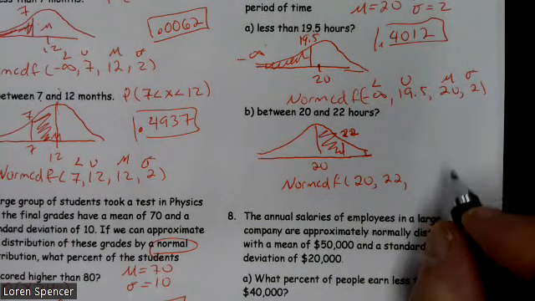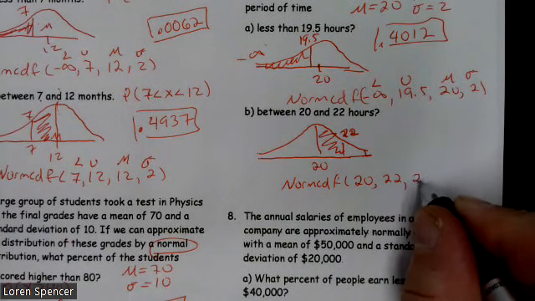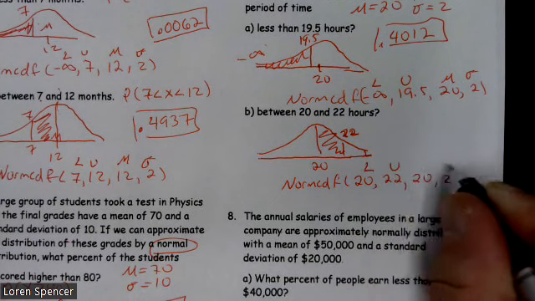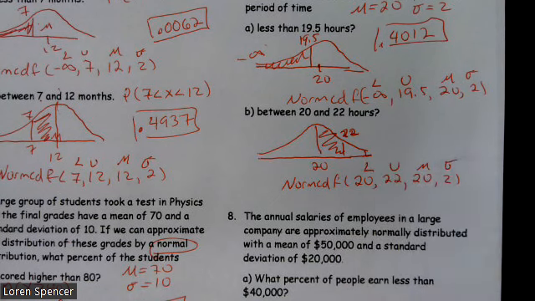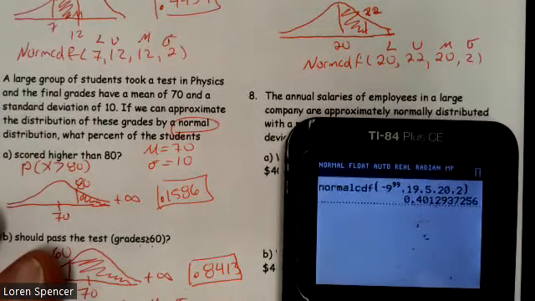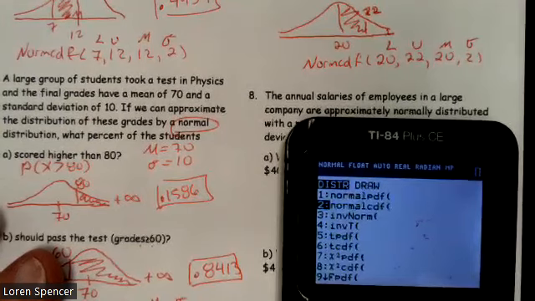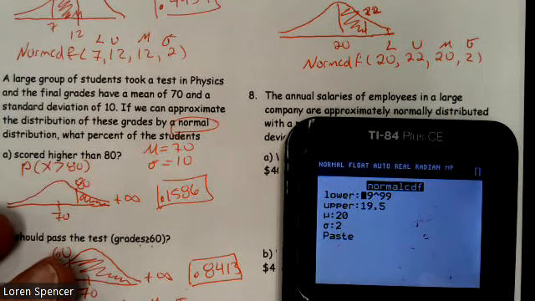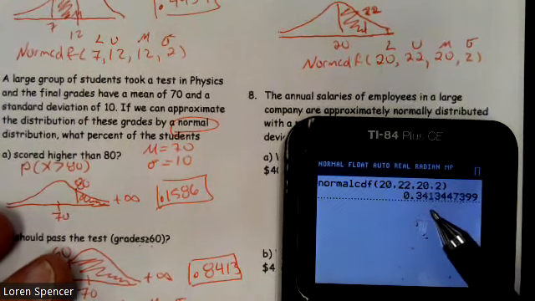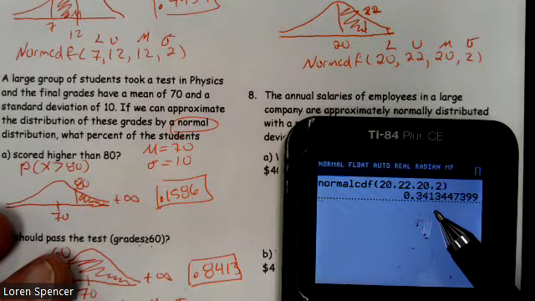The mean also happens to be 20, and our standard deviation is 2. Lower, upper, mean, standard deviation. Second vars, normal CDF. And we end up getting 0.3413.